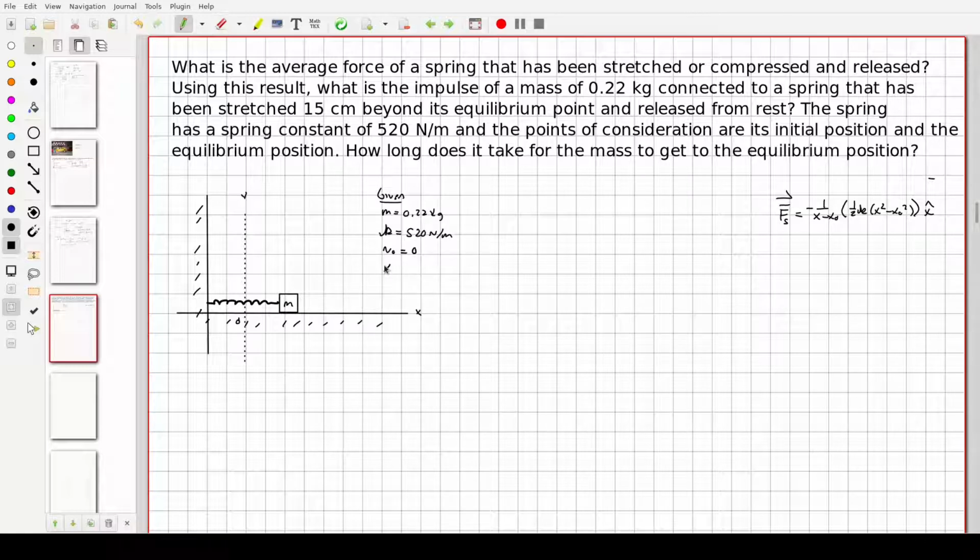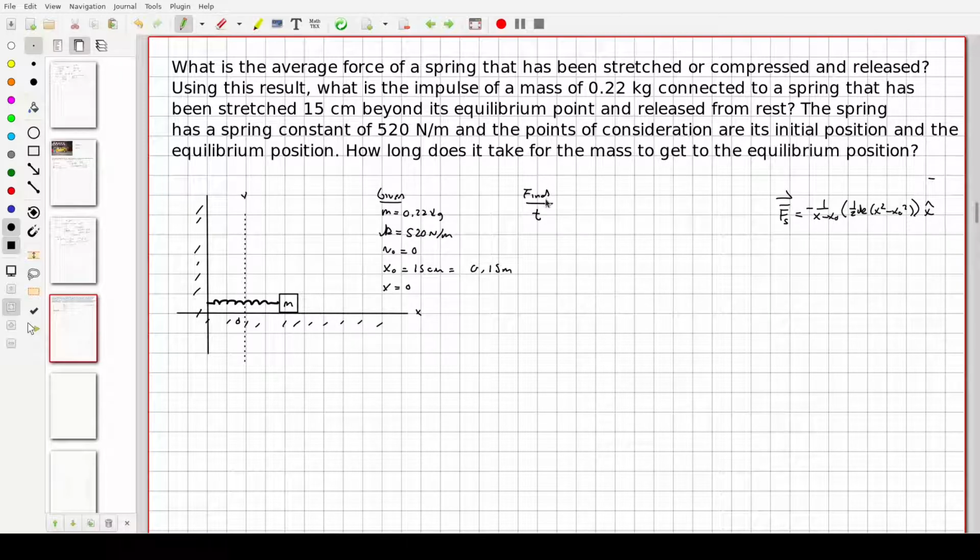Also tells us that our initial position is 15 centimeters or 0.15 meters. Now, the final position is at the equilibrium position, which we know is 0. Okay. So what are we trying to find? We'd like to find the amount of time that it takes for the mass to get to this equilibrium position. So we'd like to find t.